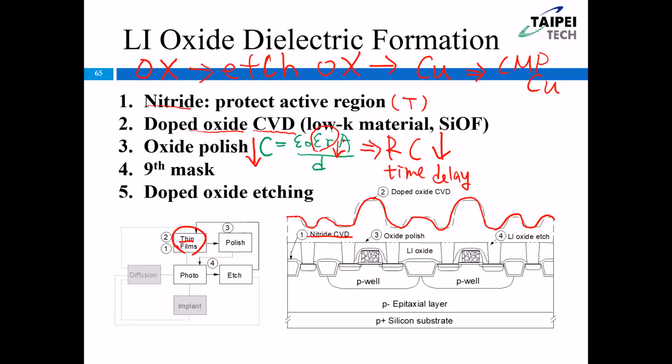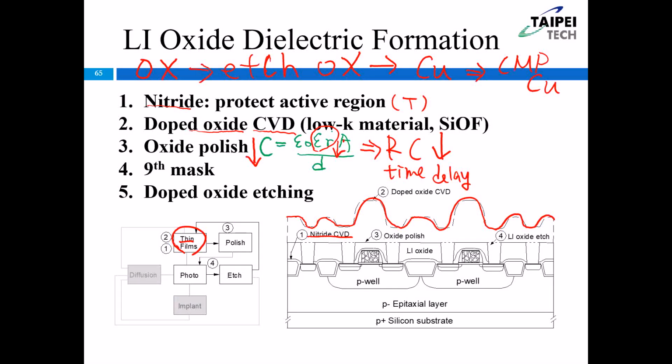If you have the smaller RC time delay, then the frequency of the chip can be higher, the speed of the chip can be improved, can be faster. That's the reason we need to choose the lower K oxide, in order to have the smaller capacitance and then the smaller RC time delay, okay?